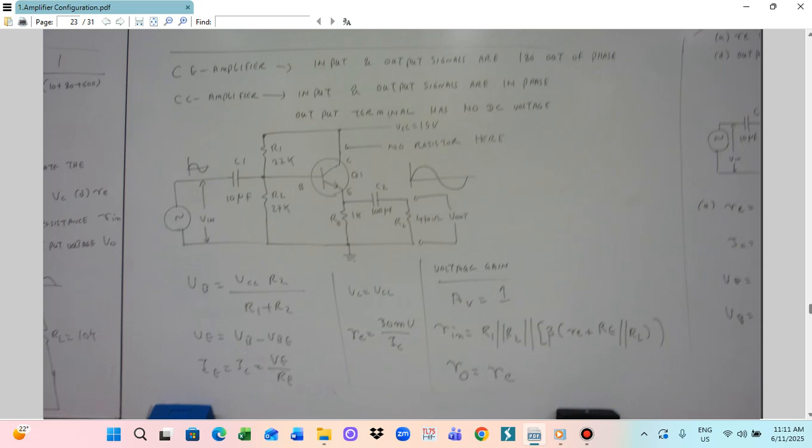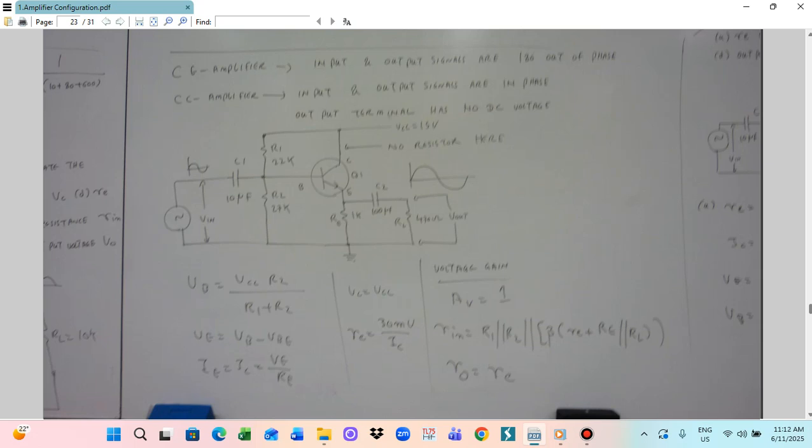But for the CC amplifier, the input resistance is another formula. The input resistance will be R1 parallel R2 parallel beta into (small RE plus capital RE parallel RL). So this is the formula for the CC amplifier. For the CC amplifier, the VB calculation, VE calculation, RE calculation, and IC calculation are the same.